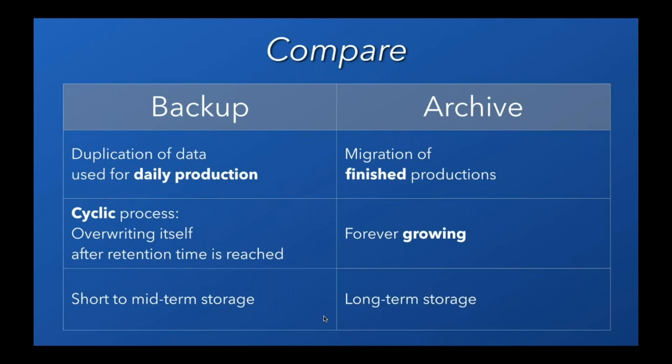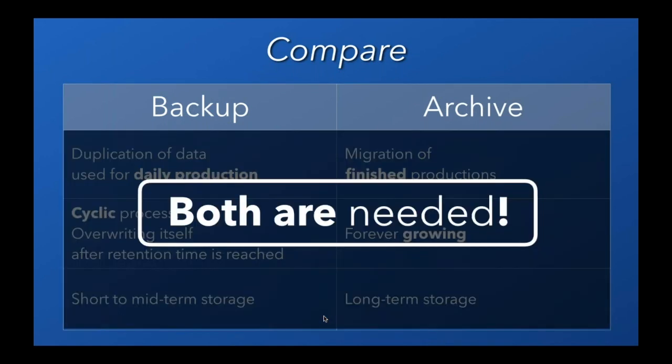The backup has a short to mid-term storage perspective, where archive definitely has a long-term storage perspective. And the most important thing, both are needed and one cannot replace the other. So you need a protection for ongoing production and you need a protection for everything that has been produced before.